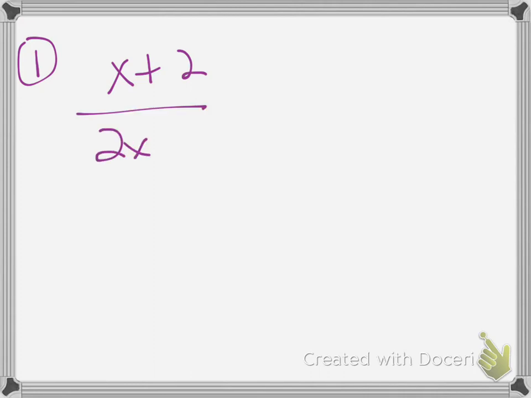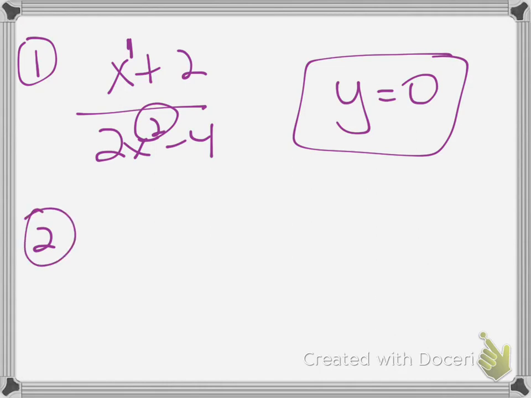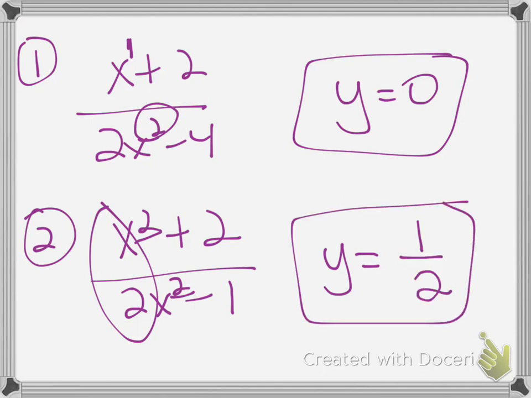So real quick, if I have an example of x plus 2 over 2x squared minus 4, looking here, the degree is bigger in the denominator, so therefore my horizontal asymptote is y equals 0. Looking at another one, x squared plus 2 over 2x squared minus 1. The degrees are the same, so my horizontal asymptote is the ratio of the coefficients, which would be 1/2.